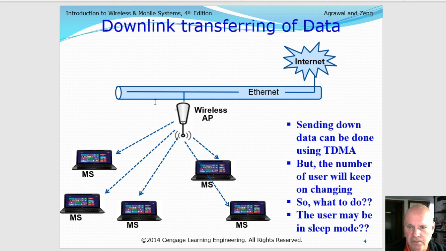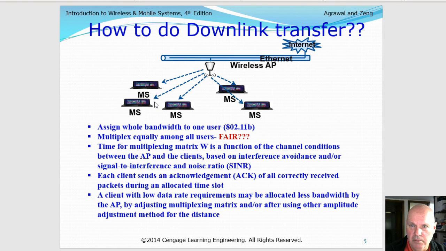The mobile systems can also go into sleep mode, in which case the wireless access point can throttle down communication to any client that's in sleep mode.